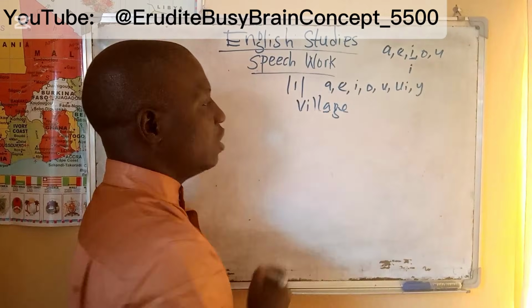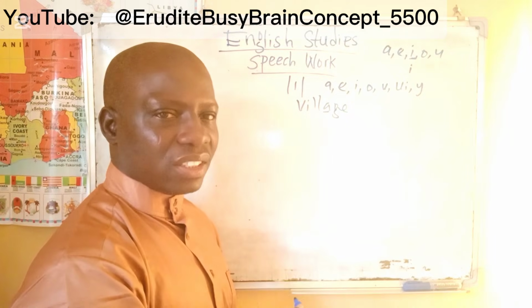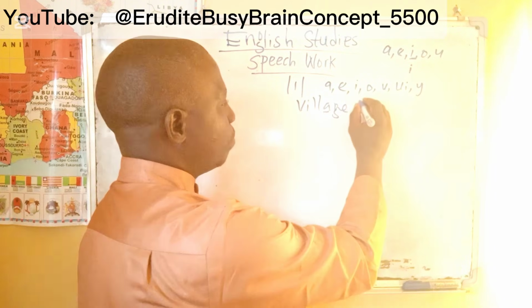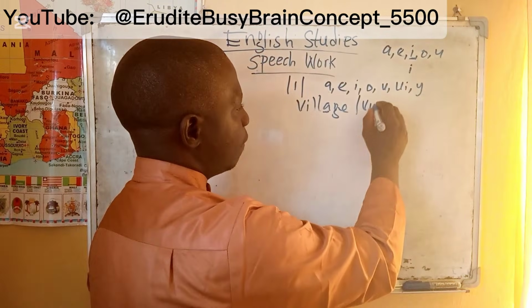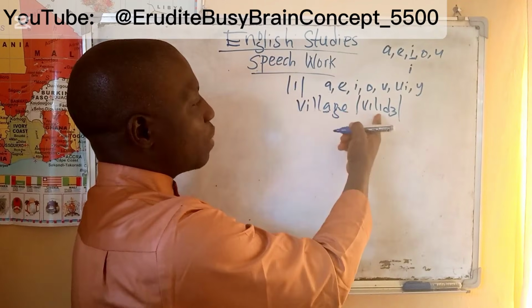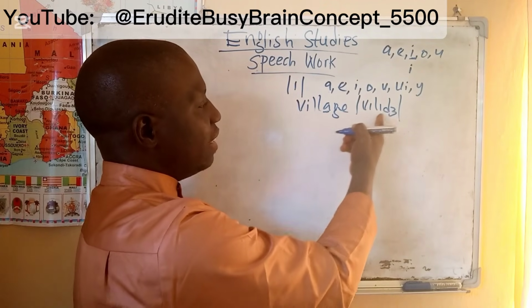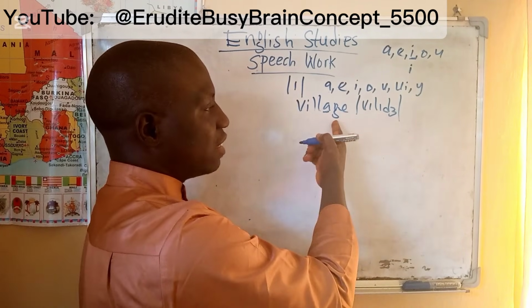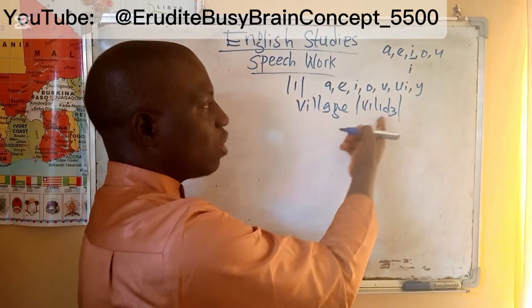This is village, not village. How do I mean? Look at the pronunciation. The letter I here, look at it, E. The letter A here, E. Then this is G sound. So village, not village.